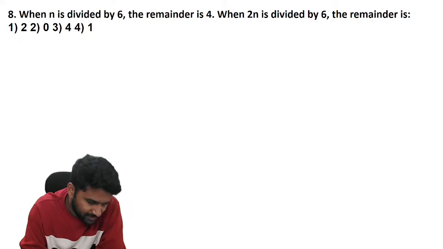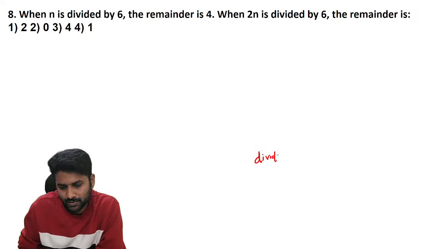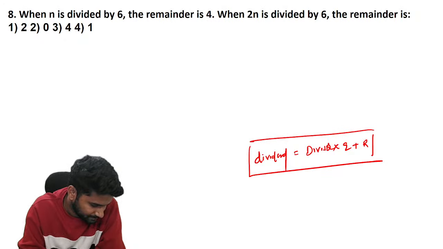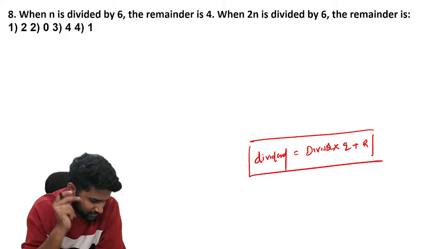Let's try this question from the divisibility properties. You know that dividend is equal to divisor multiplied by the quotient plus remainder. Try to solve this question.